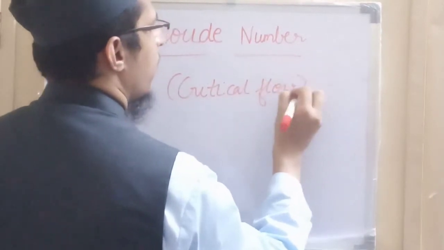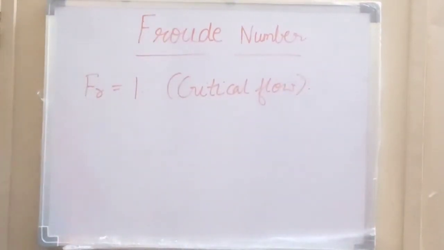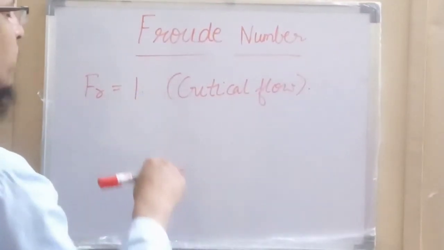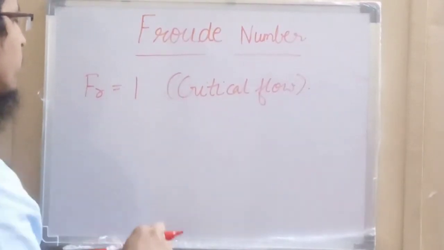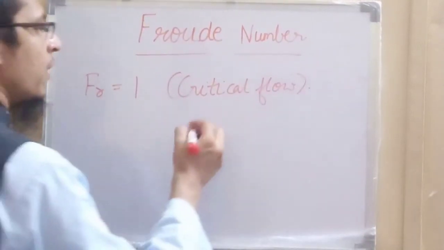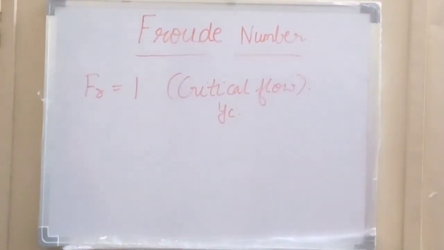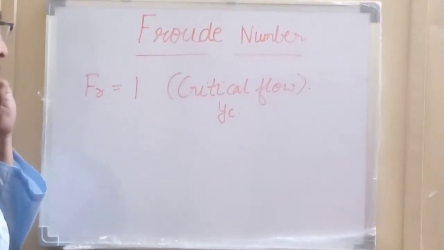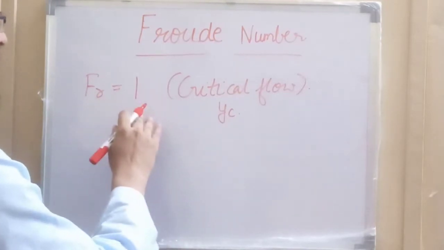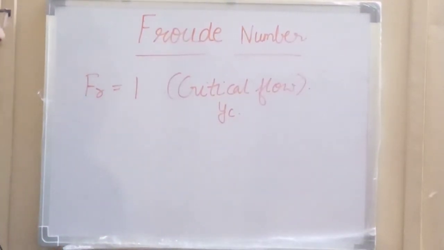This represents that inertia force is equal to the gravitational force, and in this case the depth corresponding to this Froude number is known as critical depth or yc. Now the energy corresponding to this depth, that is Froude number equal to 1, is the minimum specific energy that a flow can have.